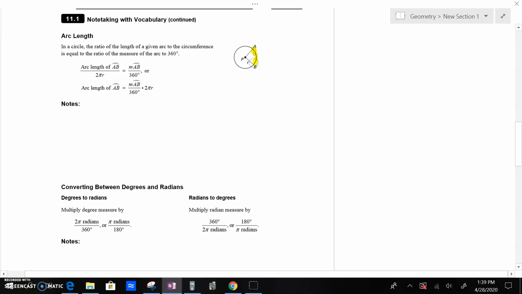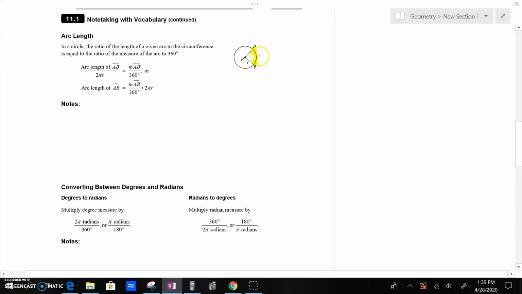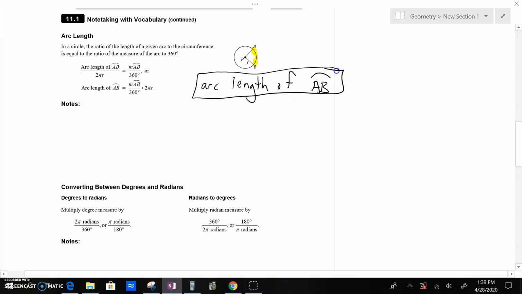So let's say we're just looking for that specific little piece. So what we're after then is the length of that arc, or the arc length. And we usually call it arc length of AB. And all that is the distance for that little yellow arc. So instead of computing the whole thing, we're just going to do a little piece of it.